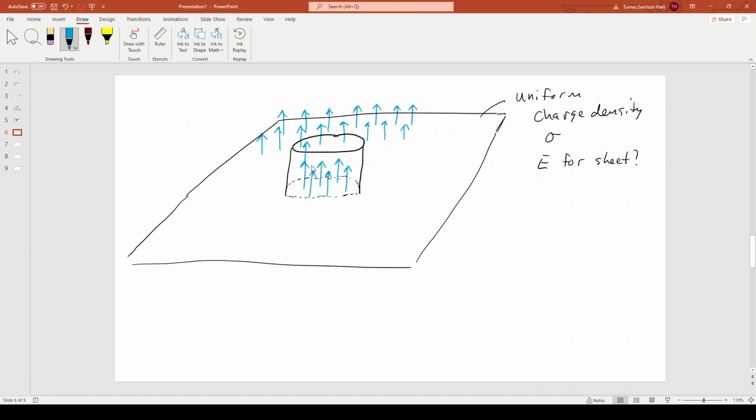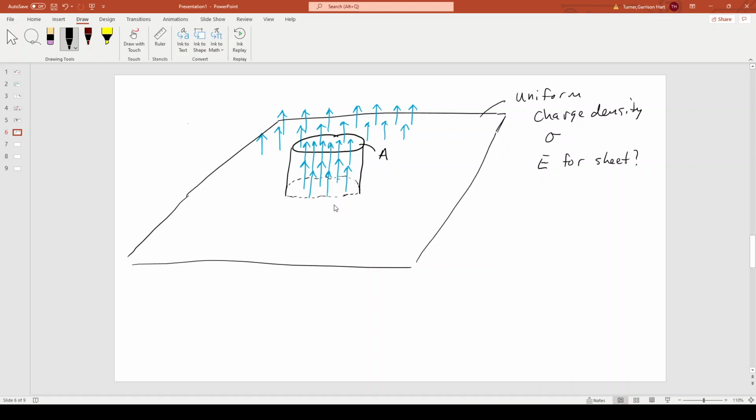So these field lines, they're going to diminish in strength, but their direction is still going to be this way. So they're still going to pierce this surface, right? So these field lines are piercing the face here, and that face has surface area A, right?